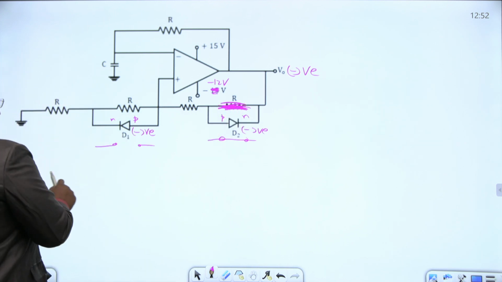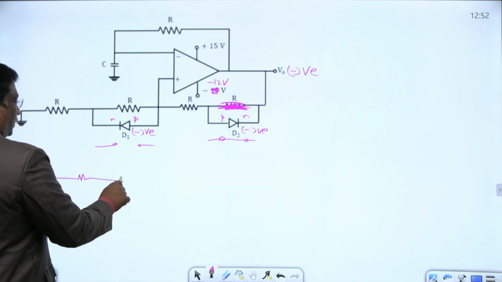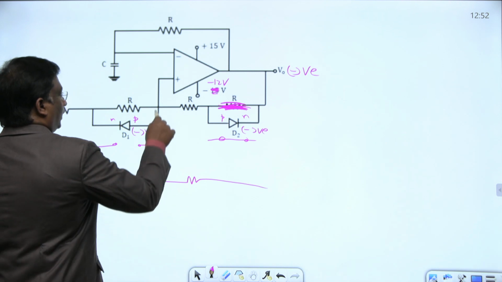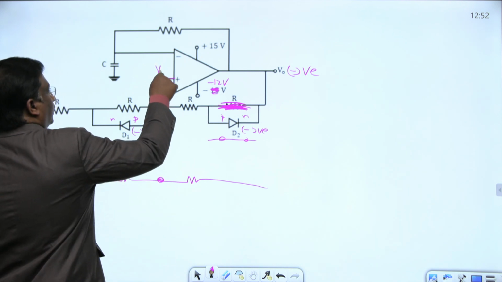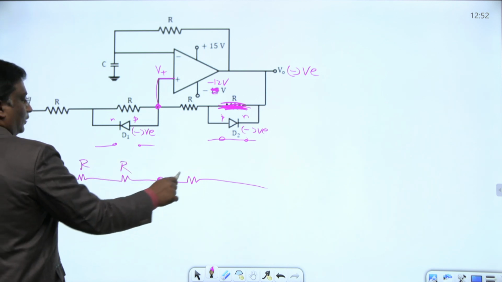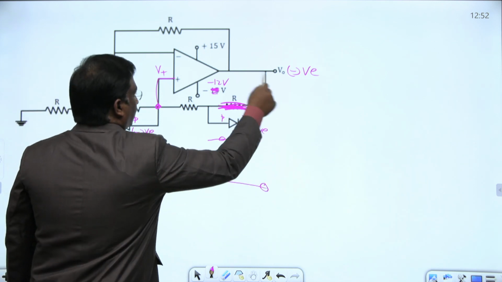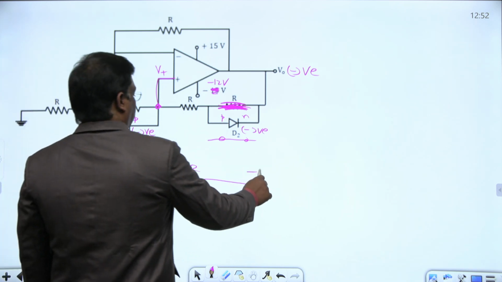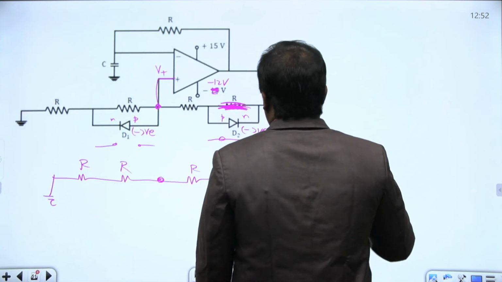Again, how we discussed earlier, there is only one resistor R in this path. This voltage is given to V plus, and this is grounded, you are getting minus 12 volts. Voltage division rule again. Tell me the voltage division rule here.